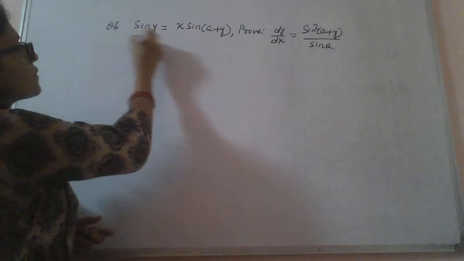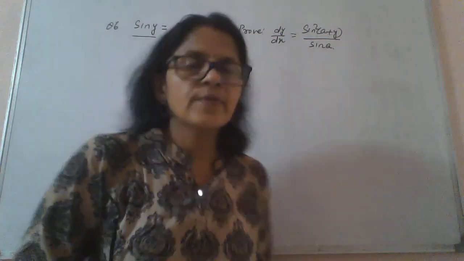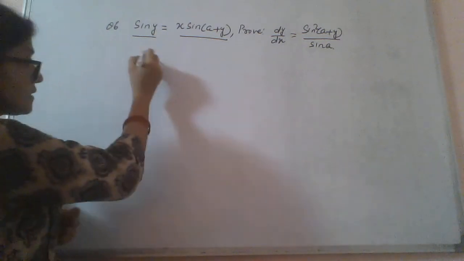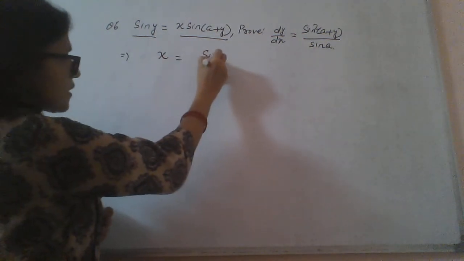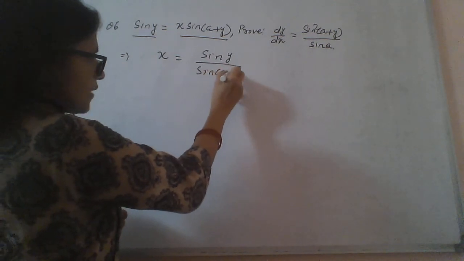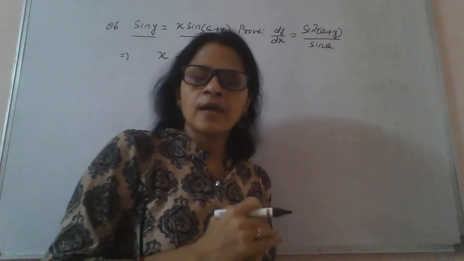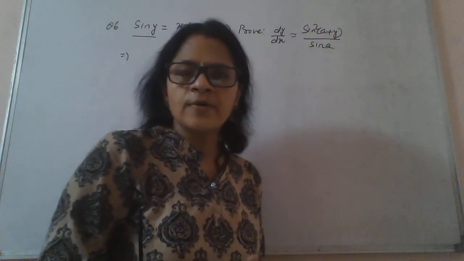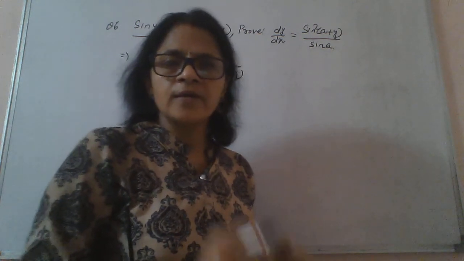So sin y equal to x into sin(a plus y). Let me take it like this. This implies x equal to sin y by sin(a plus y). So here we have expressed x in terms of y alone. Now differentiate with respect to y.